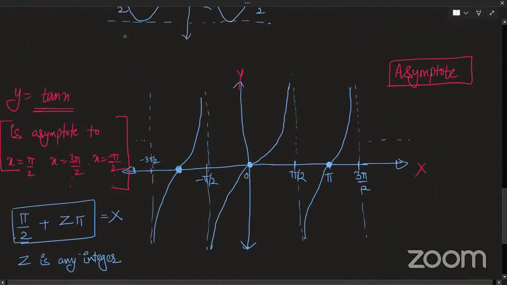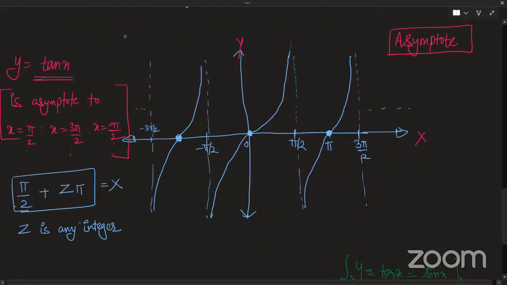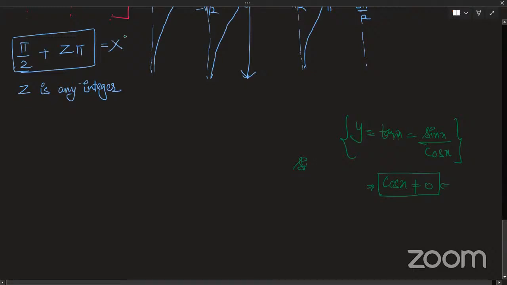Okay. So what is happening is, see, when my value of x is becoming really close to pi by 2, on the left side of pi by 2, my value of tan x is growing really high. Sin x by cos x.